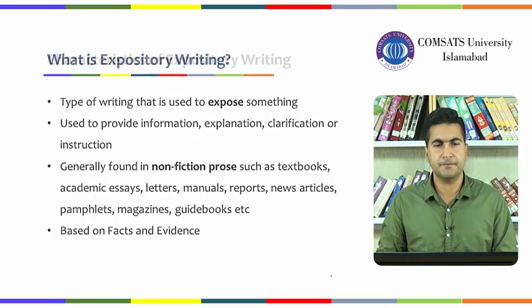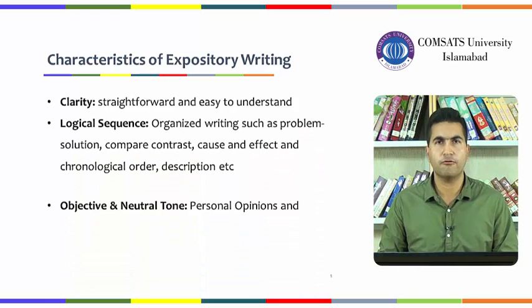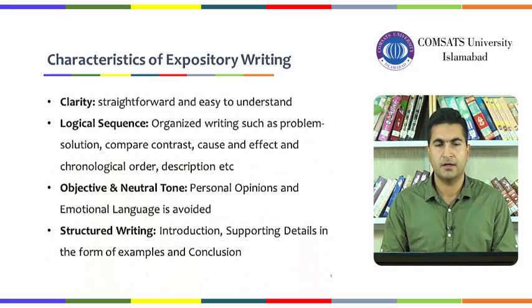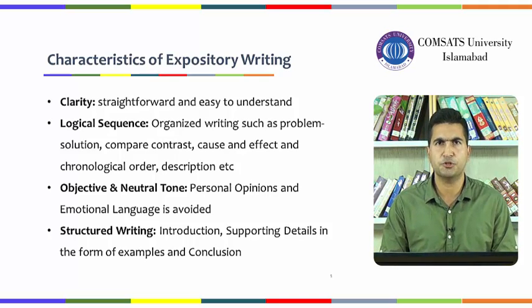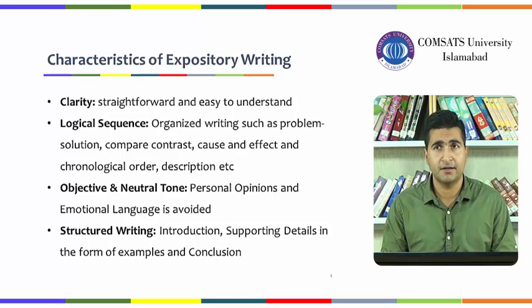Now let's proceed with the characteristics of expository writing. When we have to understand this form of writing in more detail, these are some of the things which differentiate it from the other forms of writing. First thing is clarity. That means that you as a writer are not supposed to make things ambiguous for your readers to understand.